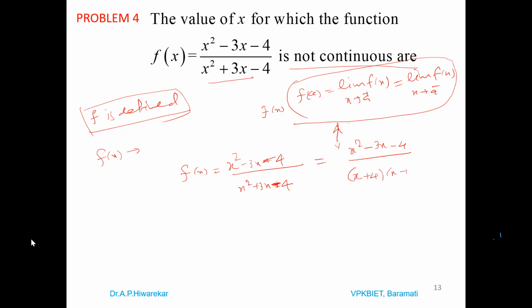What are the factors? x plus 4 and x minus 1. Yes or no?